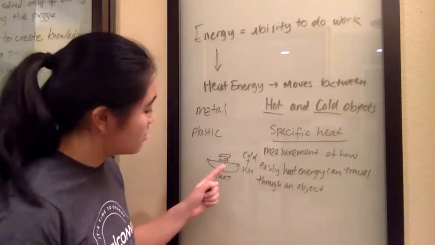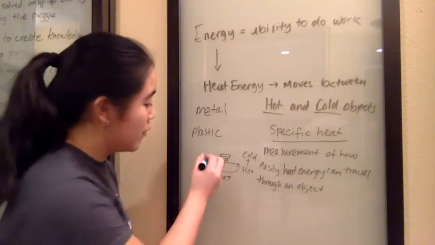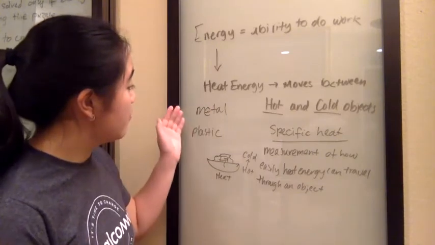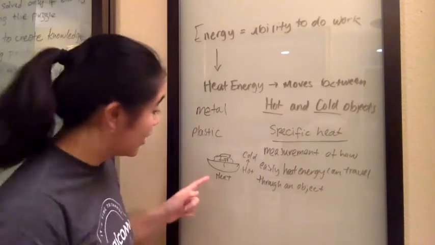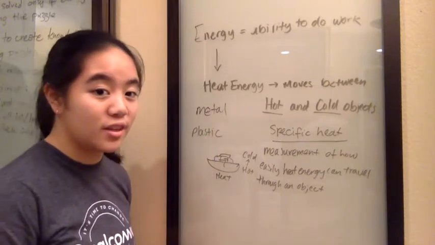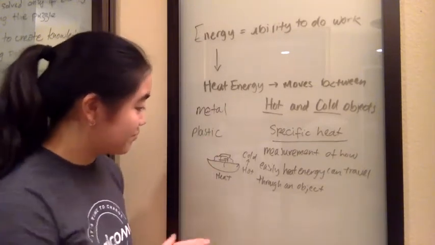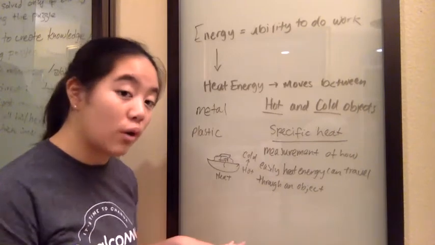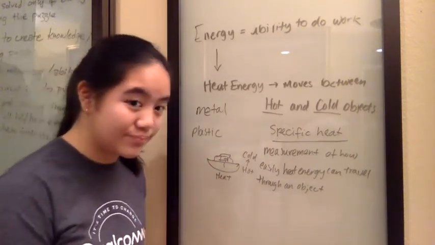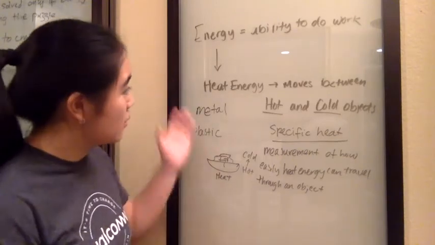So heat travels from the bowl to the ice cube, which melts the ice cube, so that's why it gets smaller. And then the metal bowl can give heat to the ice cube more easily than the plastic one. So because of that, the ice cube melts more in the metal than the plastic in 1 minute. Okay? So that's what we learned today.